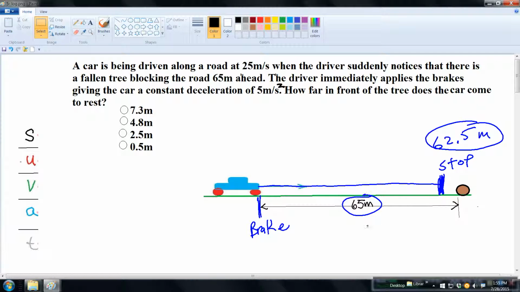Our log was 65 meters away when the car hit the brakes. So we have 65 meters minus 62.5 meters, and that means we're going to have a difference of 2.5 meters. So the distance between the car and the log is 2.5 meters.